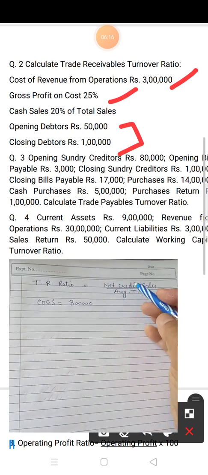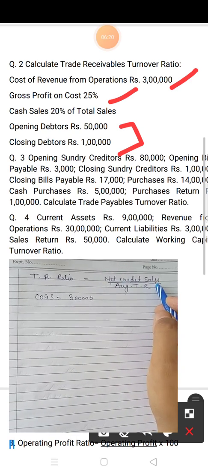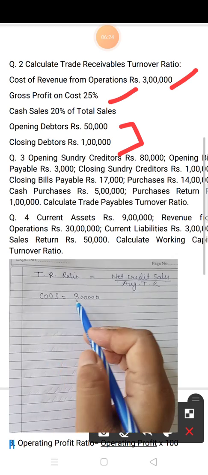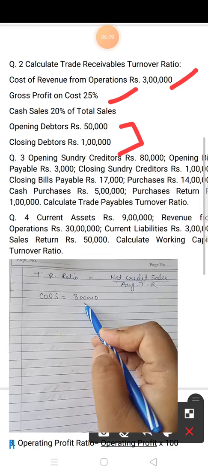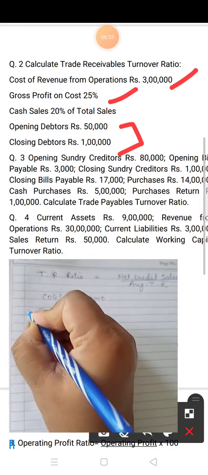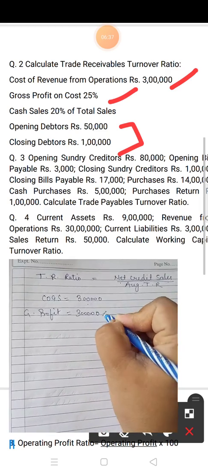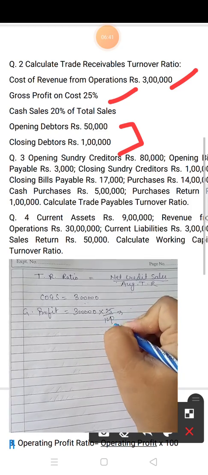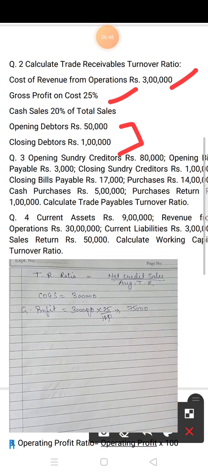Now first of all you have to find out net credit sale. So for net credit sale, first of all you have to calculate total sale. So COGS is given, cost is given 3 lakh and profit is given on cost 25%. So calculate the gross profit on cost. So cost is 3 lakh, 25% of profit is 75,000.